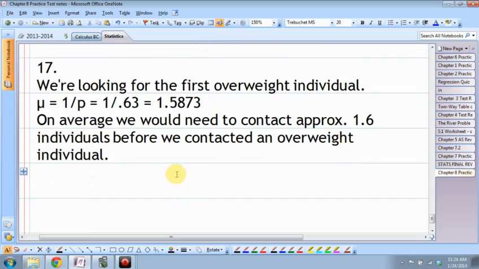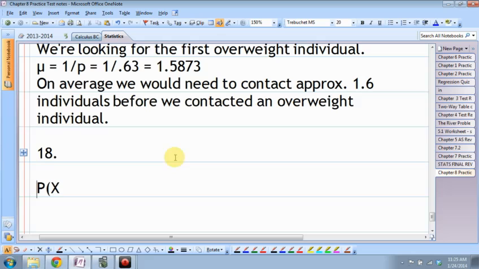Okay, so we took care of 17. No, we're on 18. What's the probability that it takes 5 or more attempts before the first overweight person is found? So we've got to redefine x now.